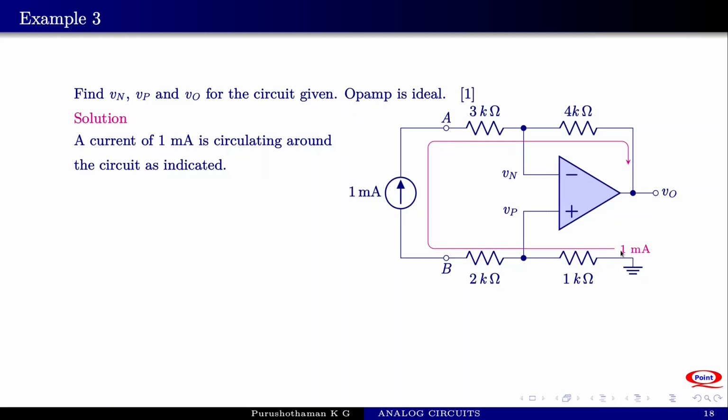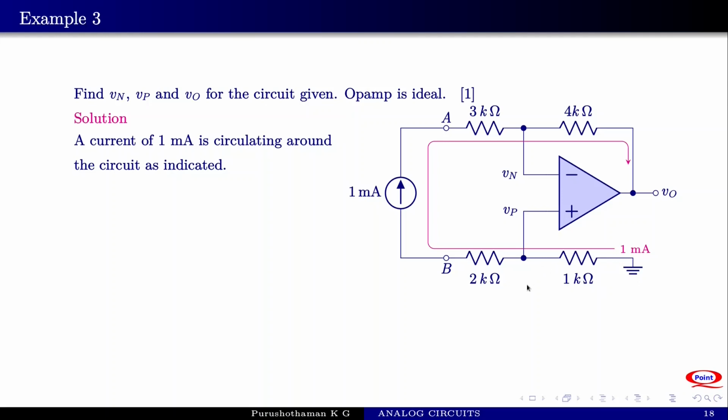When a current of 1 milliampere flows through 1 kilo ohm resistance, there is a 1 volt developed across the 1 kilo ohm resistance with the right side positive and the left side negative. Vp is then minus the voltage across the 1 kilo ohm resistance. Vp is the voltage at this point with respect to ground, which is minus the voltage.